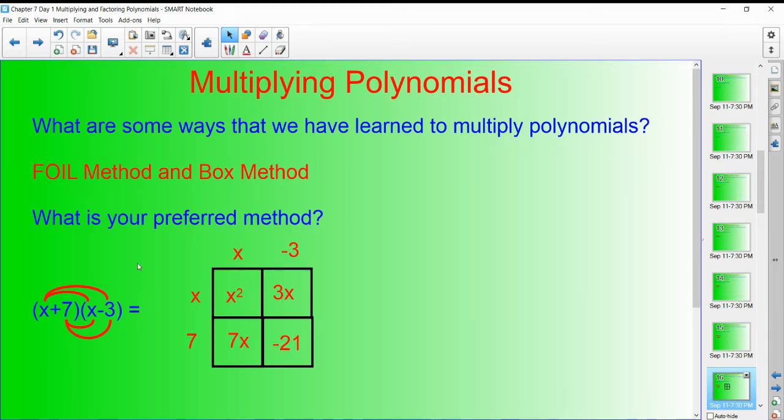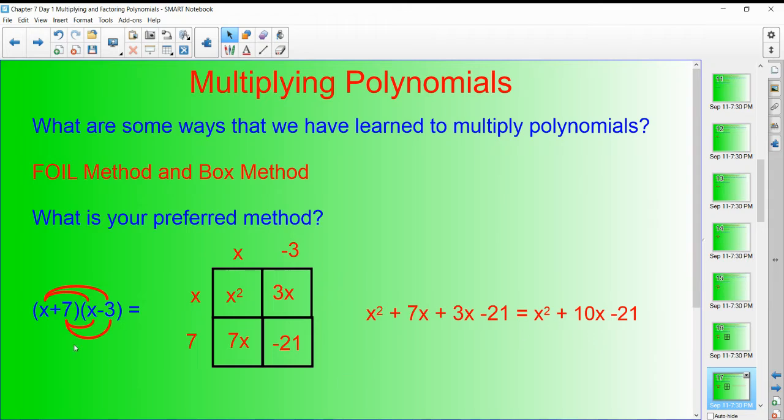And the box method does the same thing. It just organizes it so you don't forget to accidentally multiply something. It still shows you 4 different multiplications, and it gets you your 4 terms inside the box. Now, either way, you get x squared plus 7x plus 3x minus 21. You combine the 7x and the 3x to get 10x, and that's how you multiply polynomials.